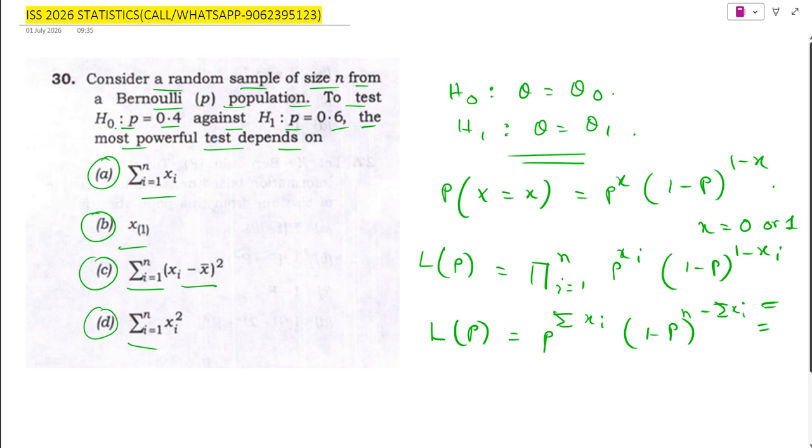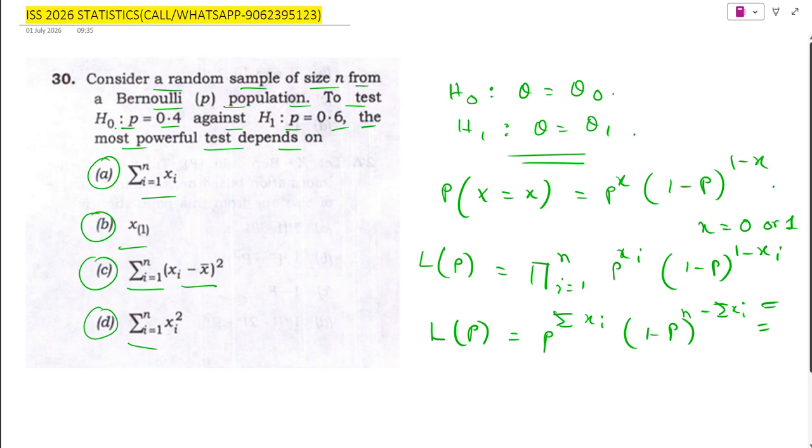Notice something beautiful. The likelihood depends only on the data through summation of xi. Already we are getting a clue. Okay. So this is not a coincidence. For every Bernoulli sample, the total number of successes, summation of xi, contains all the information about p. So this is why it is also the sufficient statistic.